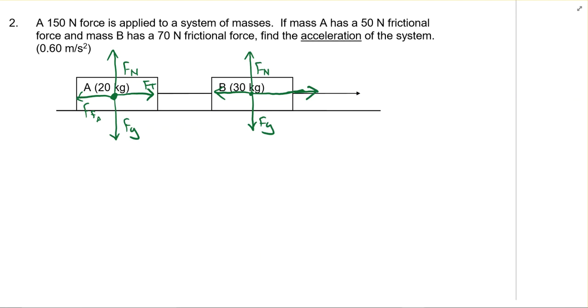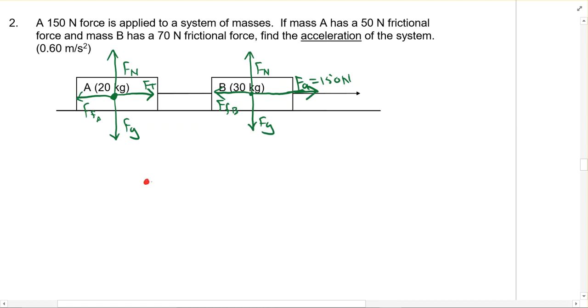This one's actually going to be easier than the one above, and the reason is because they've given us the applied force. So F applied is going to be 150 newtons going that way. And they've also given us the force of friction A and the force of friction B. So we can just right off the bat make our free body diagram for the system.